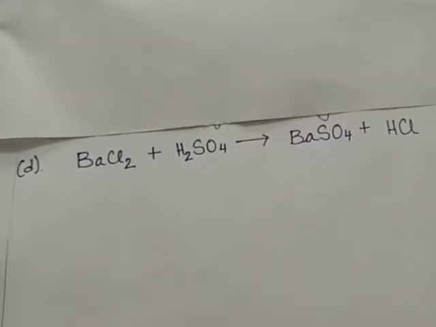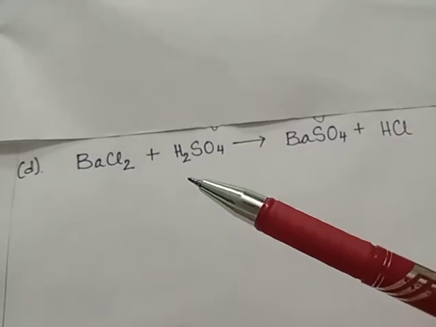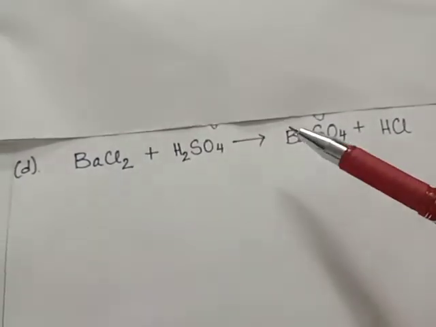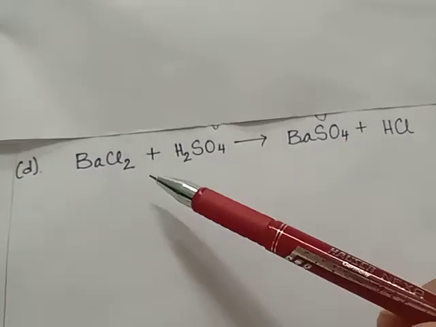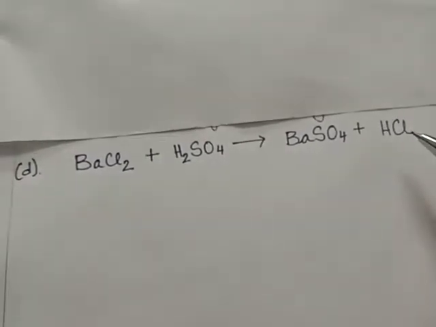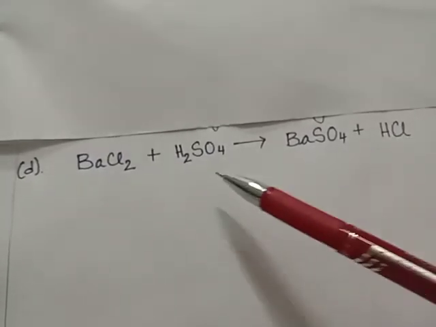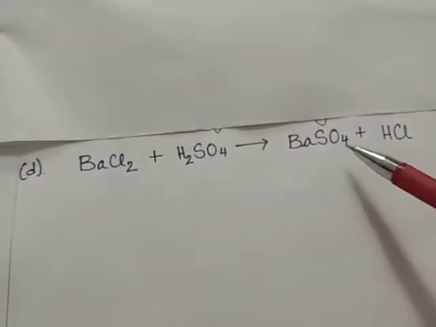Now let us look at the number of atoms of each element on the reactant and product side. Here barium 1 atom, here also barium 1 atom, here chlorine 2 atoms, here chlorine 1 atom, here hydrogen 2 atoms, here hydrogen 1 atom, here sulfate 1 unit, here sulfate 1 unit.